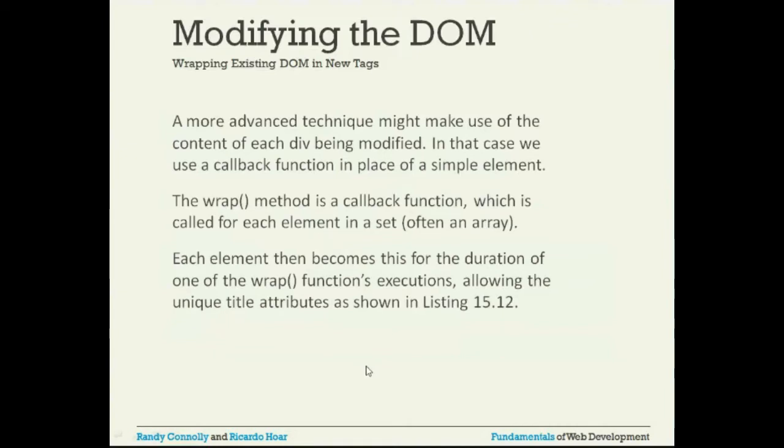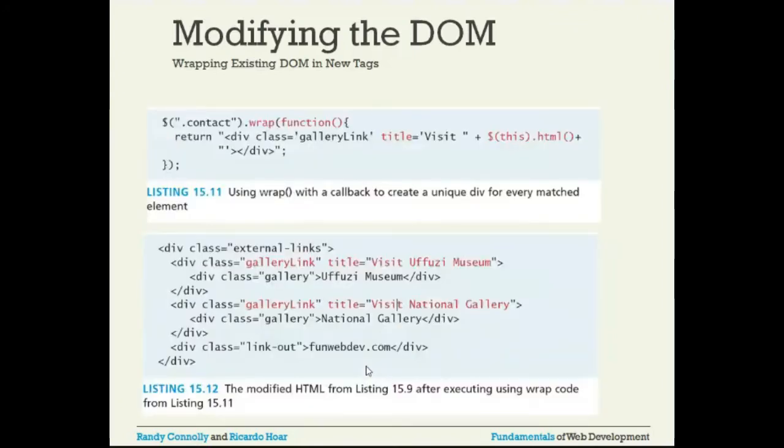The wrap method takes a callback function which is called for each element in the set. Whatever elements it has in the set, it will call it each time. Each element then becomes this for the duration of one of the wrap function's executions, allowing the unique title attribute shown in listing 15.12. So we'll see that code example, and you will understand.